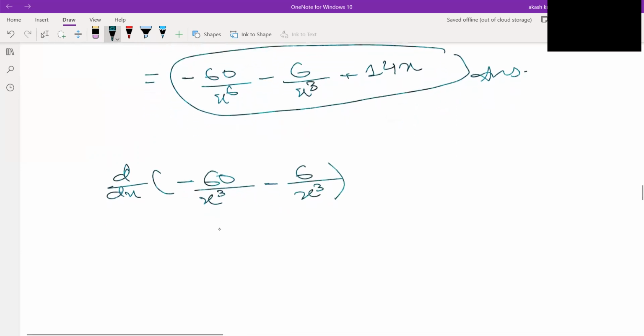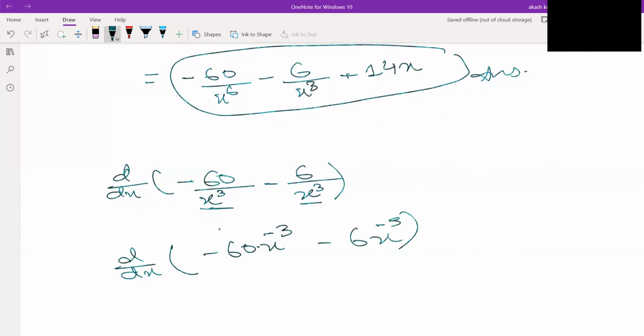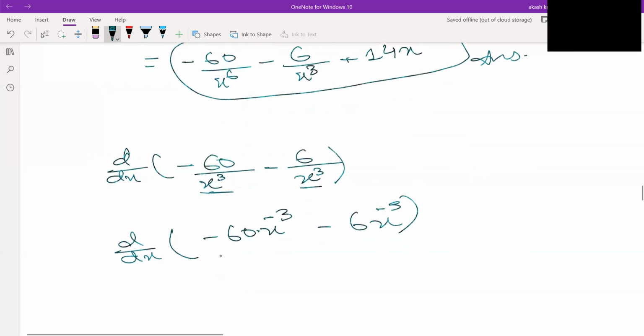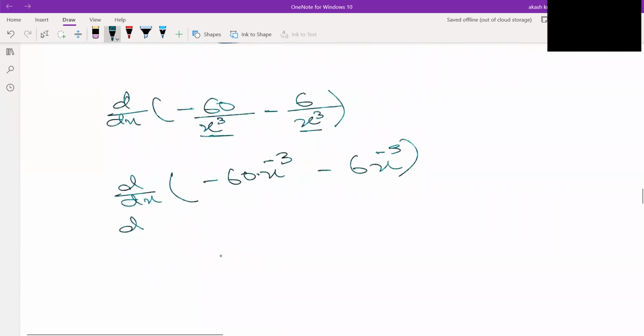Yes, both the functions are with the same power. We can add them or subtract them, right? So we can take it like 60 x to the minus 3 minus 6 x to the minus 3. Both have the same power, so we can add them. Minus 60 minus 6 is minus 66 over x cube.